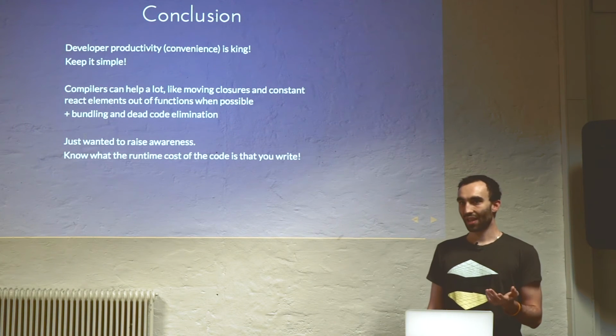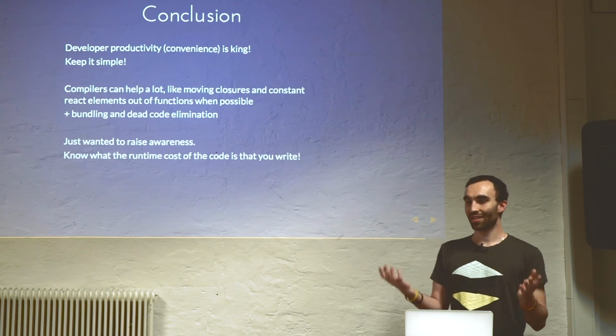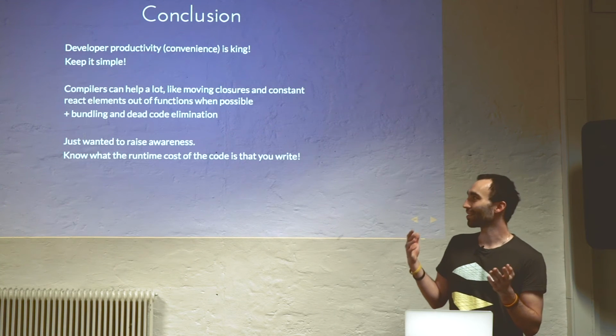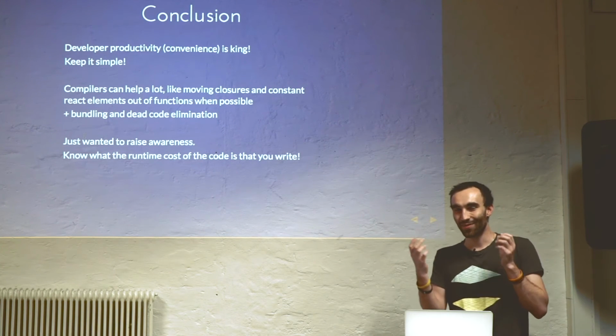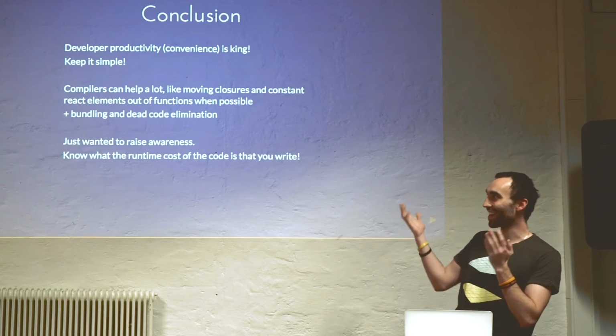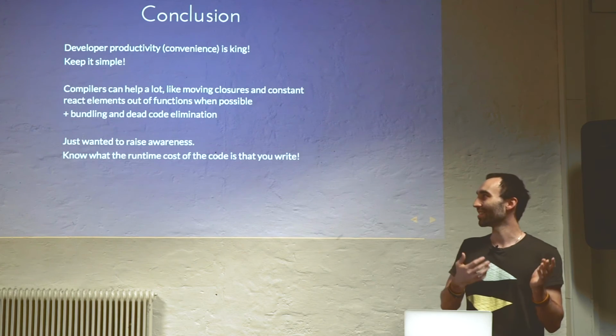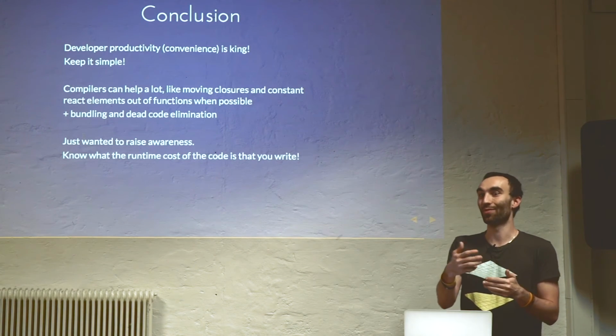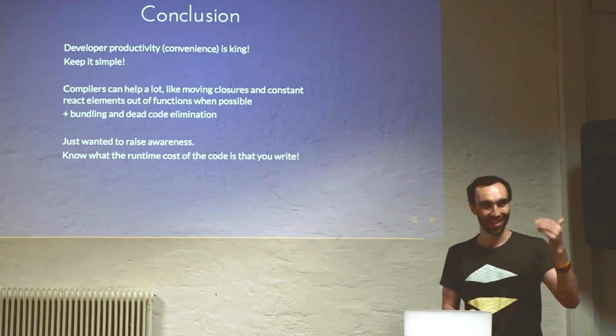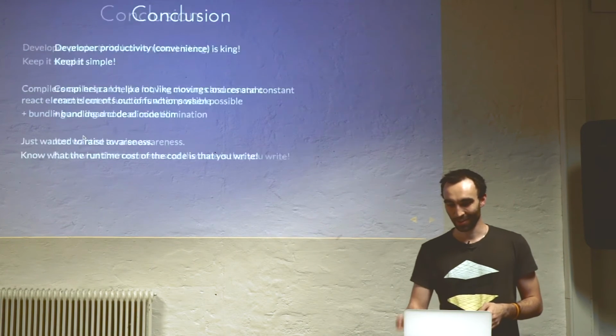The point I wanted to make is that you guys pay attention and develop a feeling for what your code actually does at runtime, and not what the result of the code is, but what the actual execution steps are.